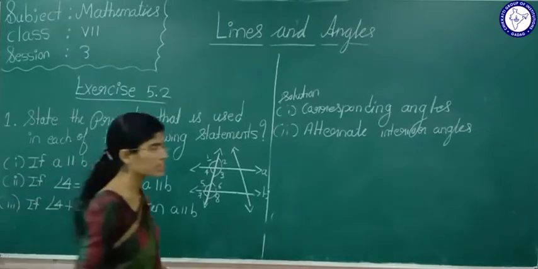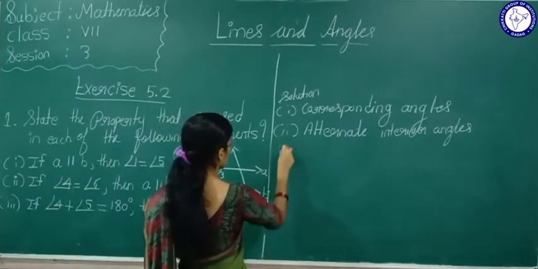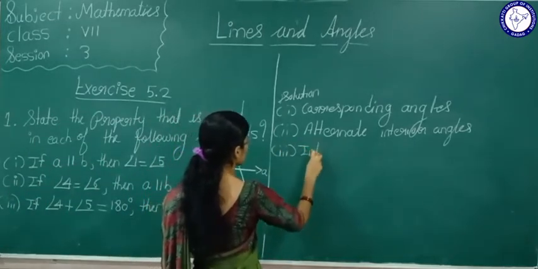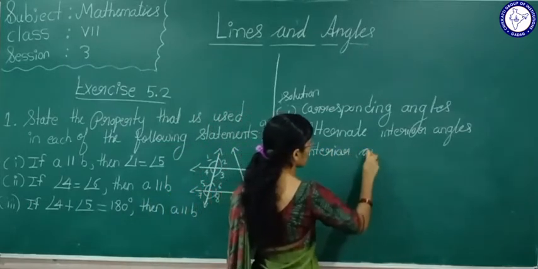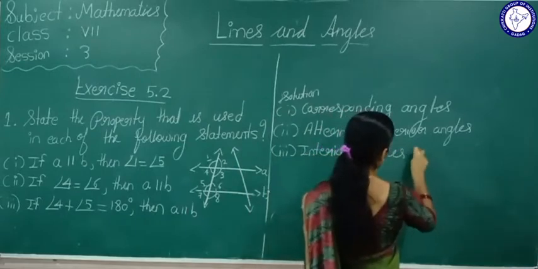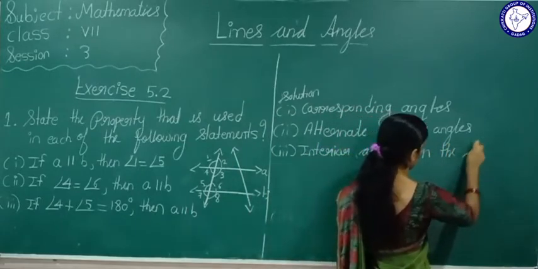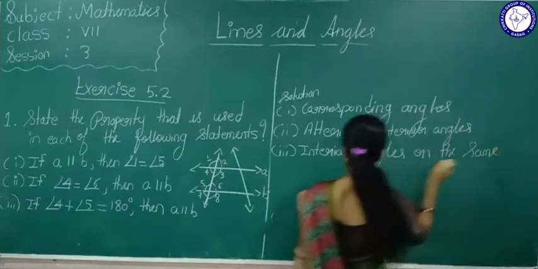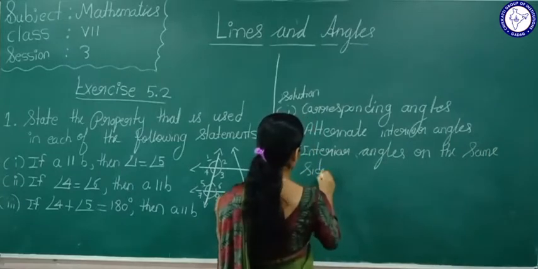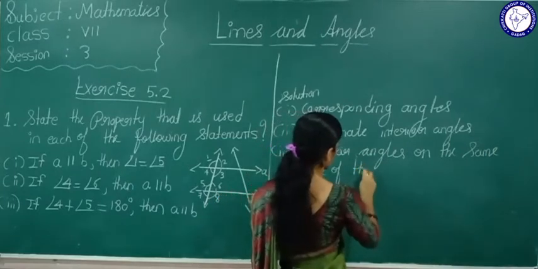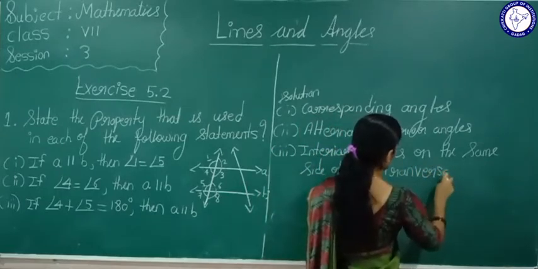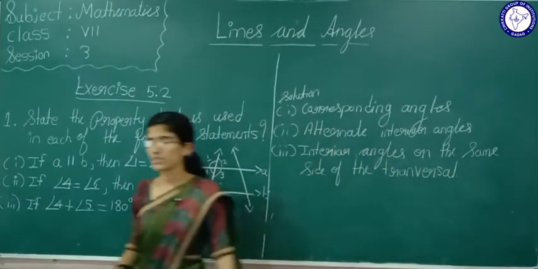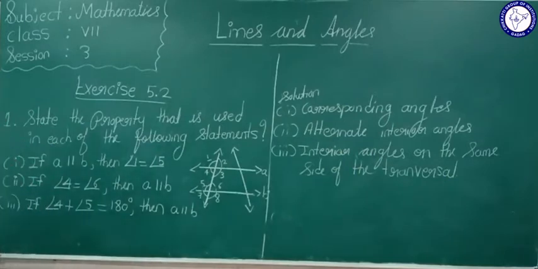Which property is this? The third one: interior angles on the same side of the transversal. Interior angles on the same side of the transversal.